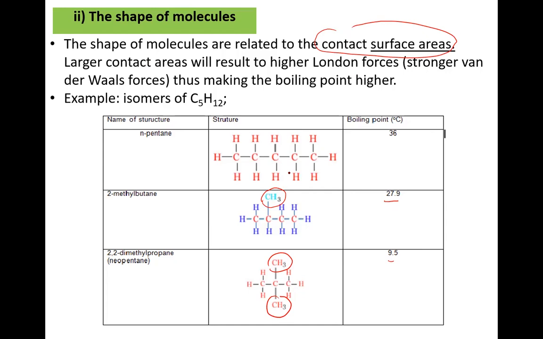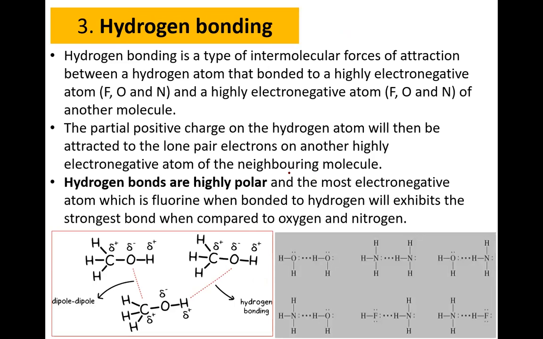That is why the boiling point is lower when the shape of the molecules becomes smaller. Okay, that's about van der Waals forces and the factors affecting the strength of van der Waals forces.